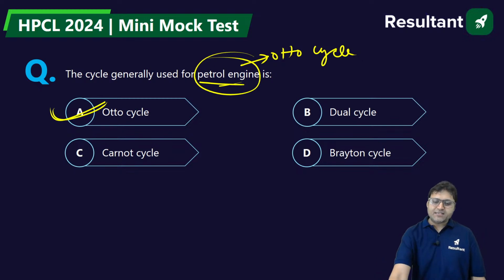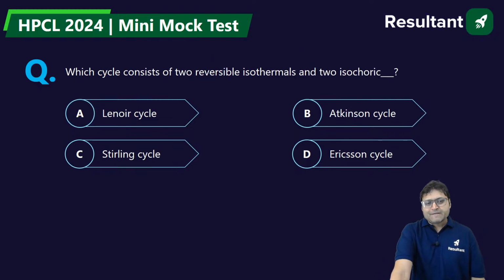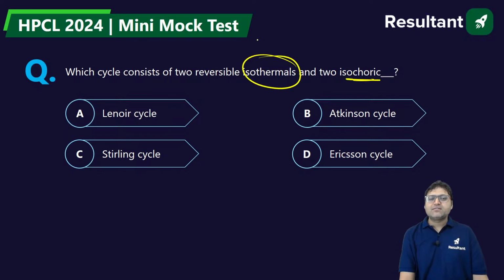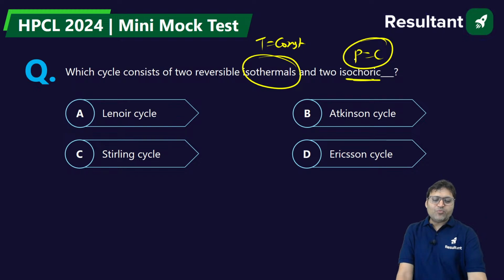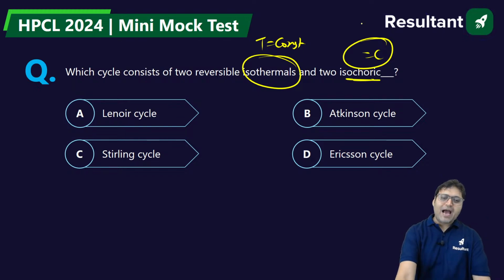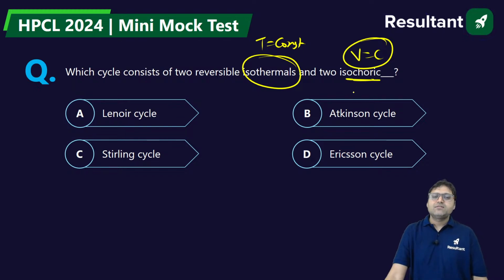Option A is the correct answer. Which cycle consists of two reversible isothermal processes and two isochoric? I have already told you. Isochoric means volume constant. So two isochoric and two isothermal, that is the Stirling cycle. It will be Stirling cycle.